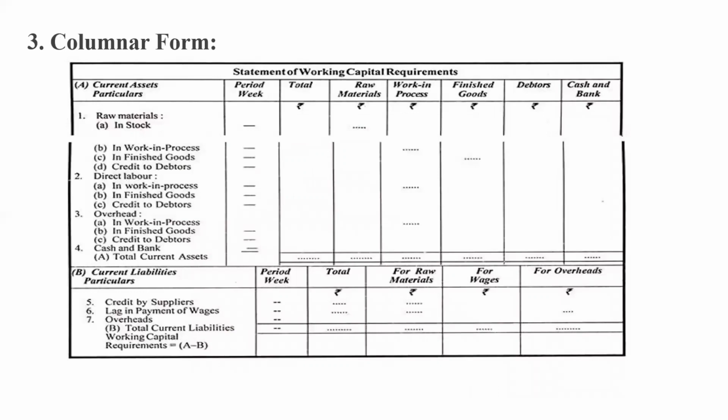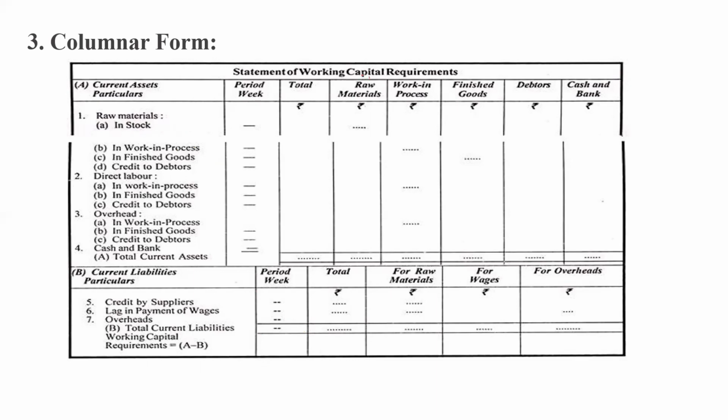And this is the columnar format, or specimen, in which you take into account the horizontal format of each individual asset and liability. When you do that, you can explain the complete requirement of working capital in a separate column.